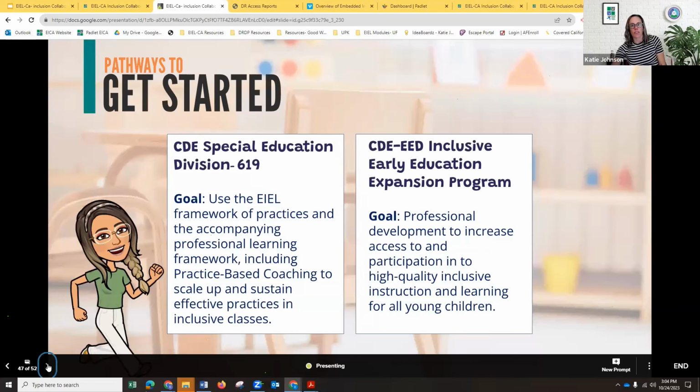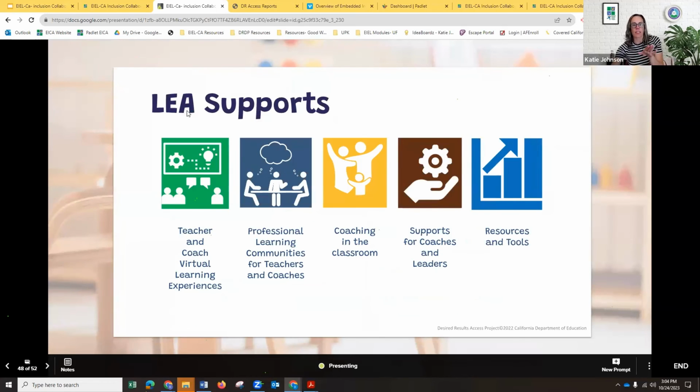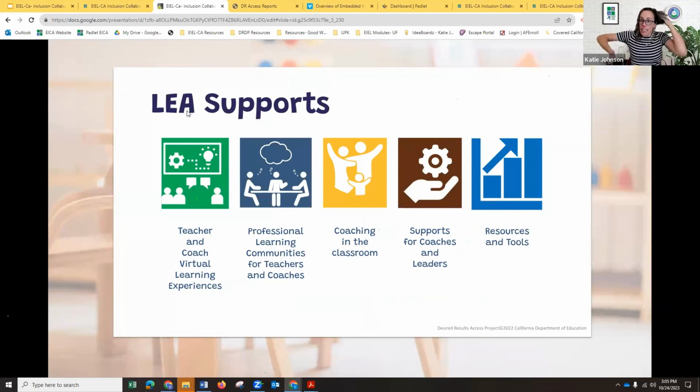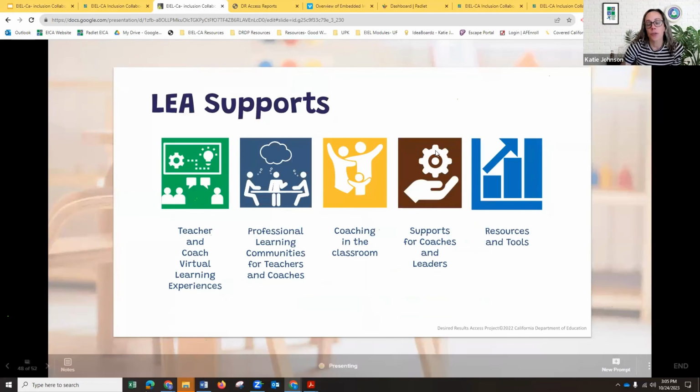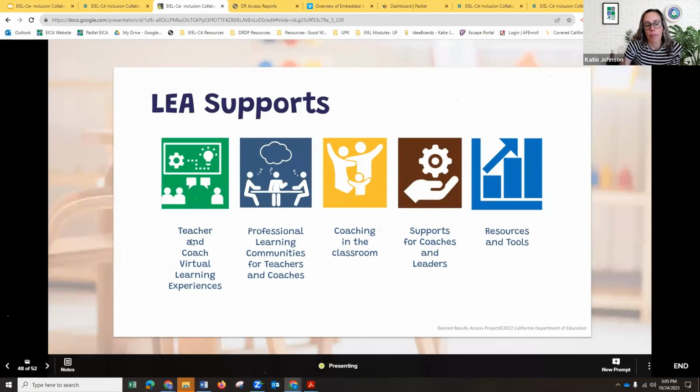And so what that means is we as a project, you all as LEAs or county offices or teachers, have different pathways to access this support. But what we know for long-lasting change is that we need teacher and coach virtual learning experiences, professional learning communities for teachers and coaches, coaching in the classroom, and continued support for coaches and leaders, and resources and tools.